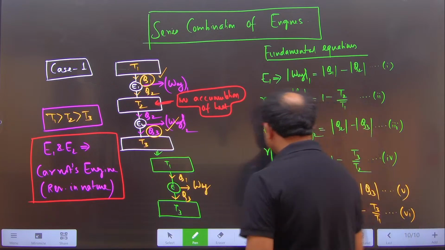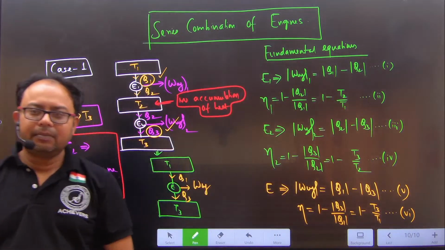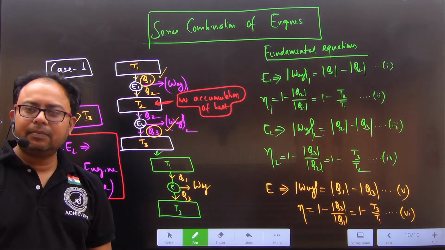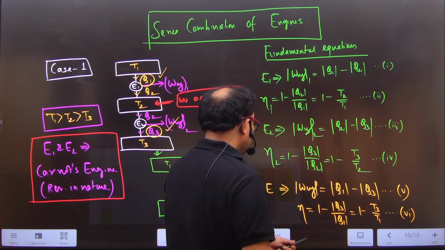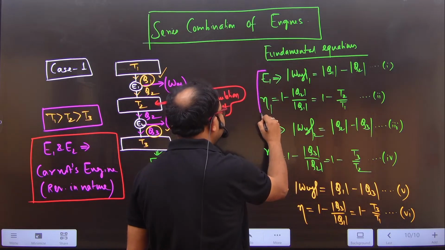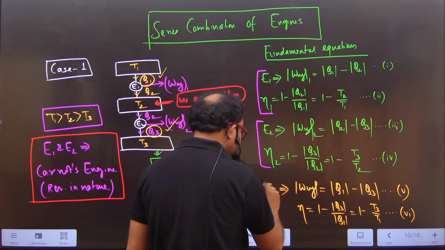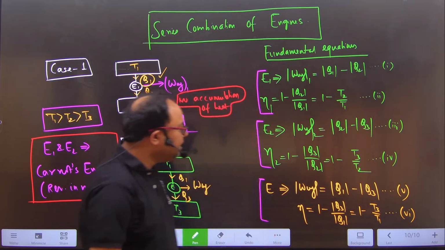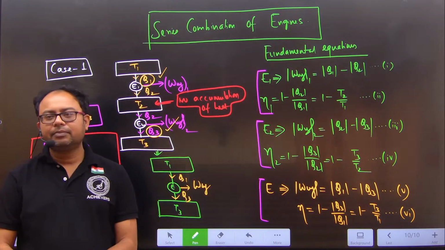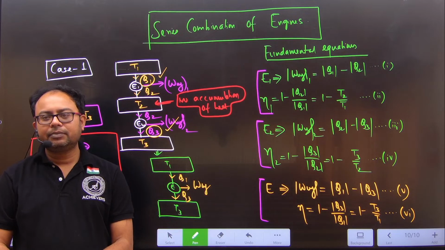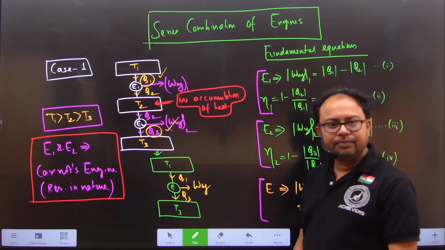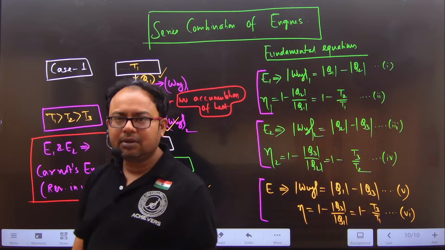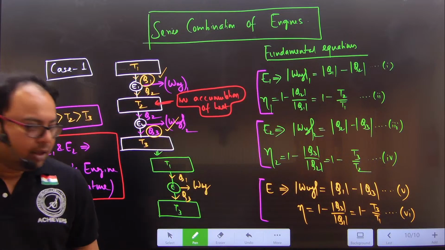This is our equation number 6. So you have got these two equations for E1, these two equations for E2, and these two equations for E. Simple. I think you all have understood the combination and the equations.